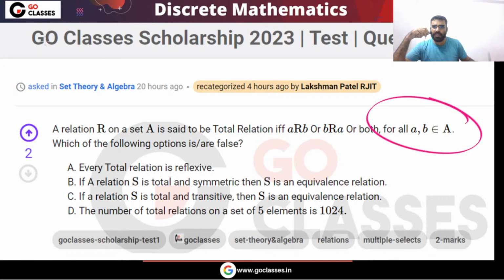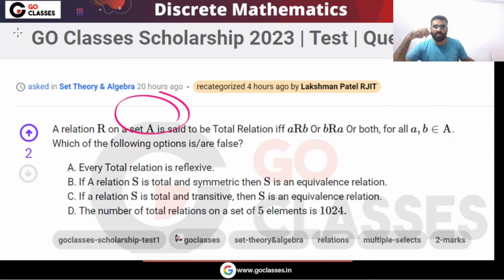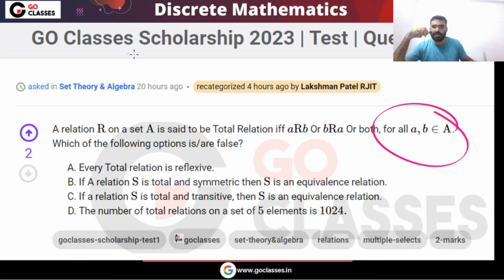For every A comma B belonging to the set, they can be the same or different elements. So a relation is total if and only if whatever two elements you take, same or different, at least one of them is related to the other: either A is related to B, or B is related to A, or both.